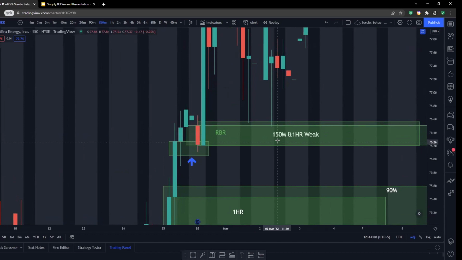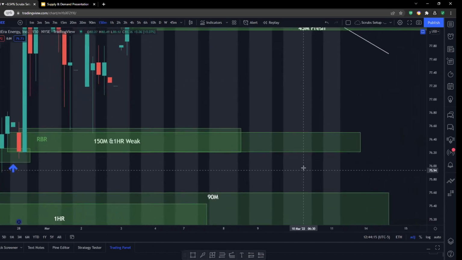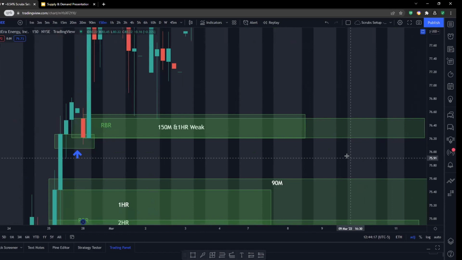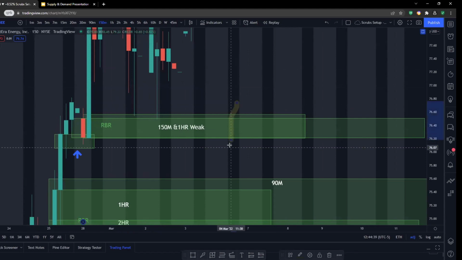It doesn't mean it's completely invalidated just yet, but it's basically telling me, hey, if price action ends up coming down here again one more time, I won't be as confident since this is not a fresh zone, right? Because it's already been triggered 2 separate times. So there's no longer going to be very strong buying orders sitting there anymore, right? So this way, I understand that it's weak, so I'm not going to be super confident with it potentially bouncing, and I'll understand if it does end up getting pierced through, right?